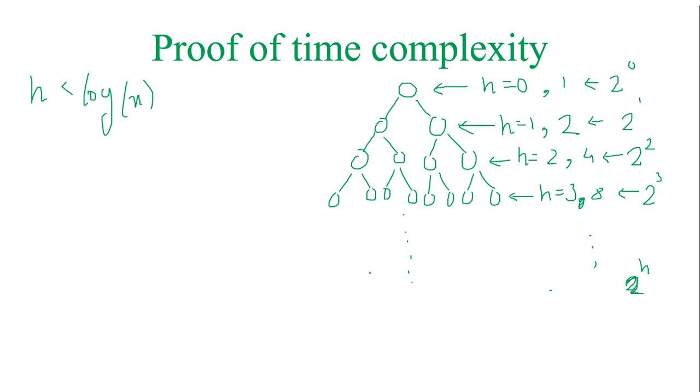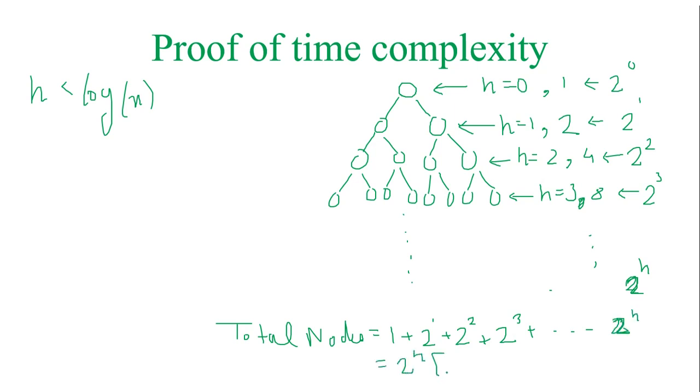So the total number of nodes will be 1 plus 2 power 1 plus 2 power 2 plus 2 power 3 up to 2 power h. If I take 2 power h common, it will become 1 plus 1 by 2 plus 1 by 2 square up to 1 by 2 power h.